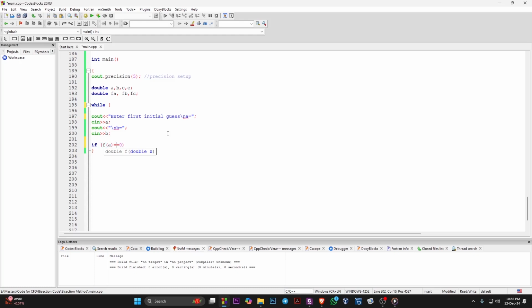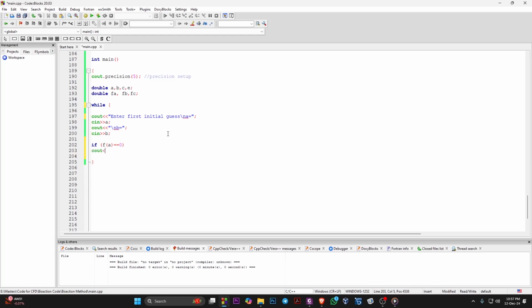So if I luckily get the right initial guess, f of a would be 0. So this would obviously be my solution, right? So if f of a is 0, I want to return the answer, that would be the solution.